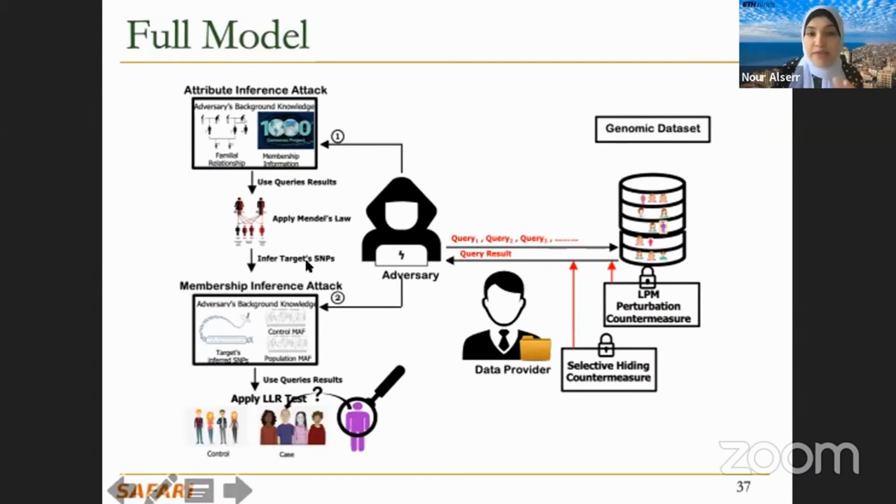We investigate the feasibility of such attacks, and we try to mitigate them. So we have two countermeasures. The first one is to selectively hide some SNPs, and the other one is to change the scale in the Laplace perturbation countermeasure.